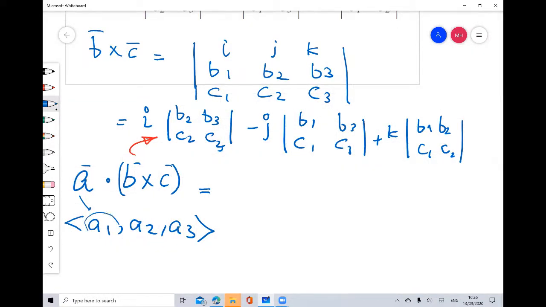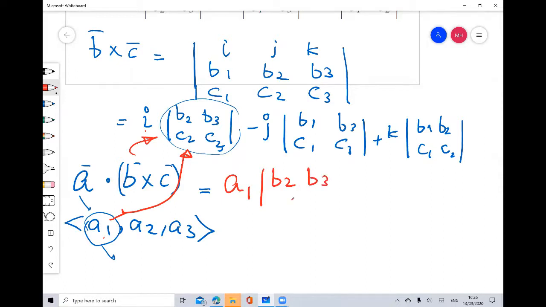A in the x direction multiplies the value in that direction, so I replace the I by A1 and end up with A1 times B2, B3, C2, C3.